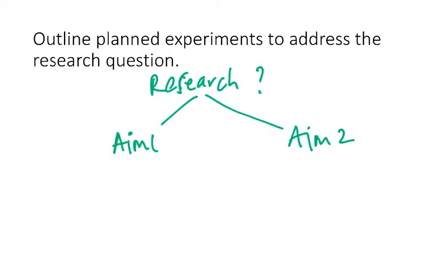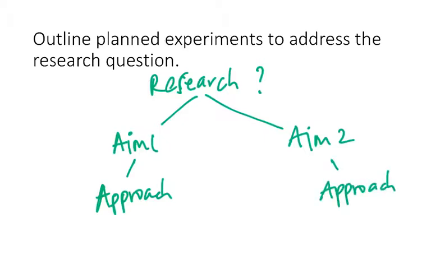And really what we need to do then is, for each of those aims, explain the approach and how we're going to accomplish those aims. So even though those two aims are related because they fall under that broader research question category, each of those aims still needs some kind of different experiment or different approach to accomplish the aim. So when you're writing your approach section, make sure you're explaining for both aim 1 and aim 2 how you're going to accomplish those.